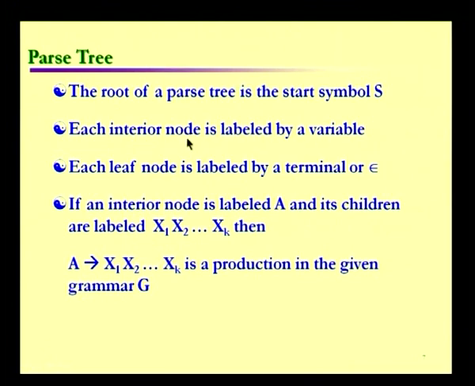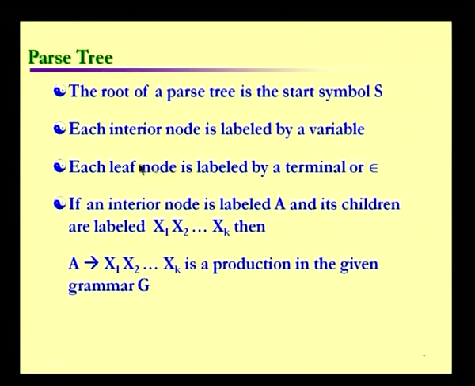because we call it an interior node since there is further expansion for that. Since there is further expansion, definitely the label on that node must be a non-terminal, because only those can be expanded, but not a terminal.